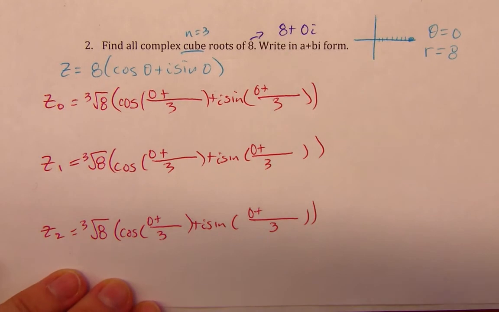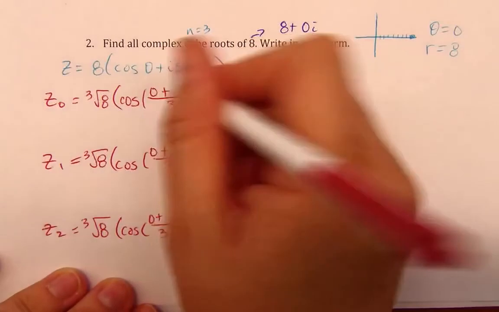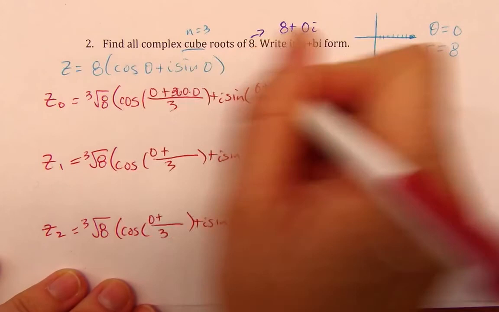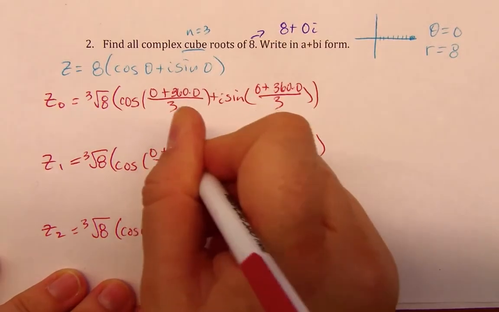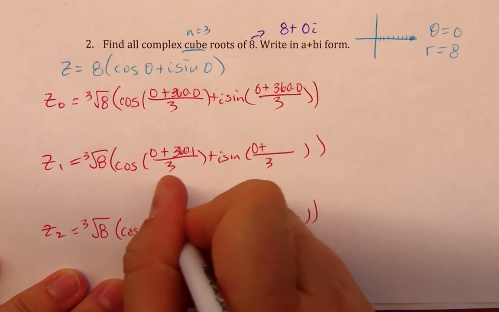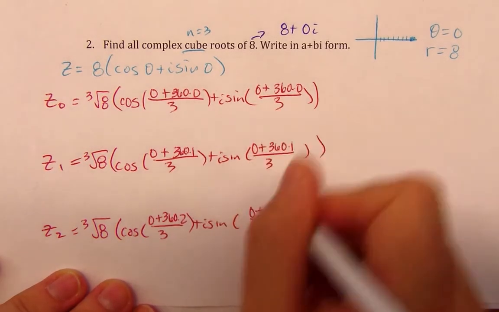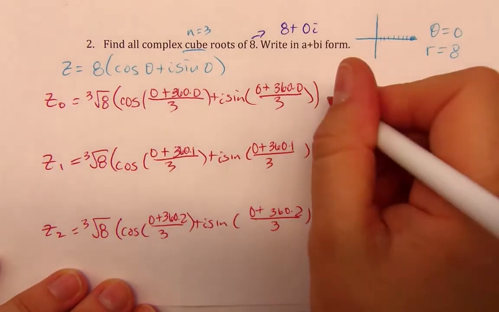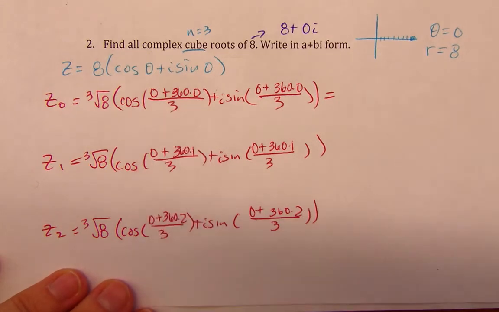And really you can work with radians or with degrees. It really doesn't matter. Since we did the last one in degrees, I'll stick with degrees. So plus 360 times 0, 360 times 1, 360 times 2. And now we can simplify those. 360 times 0 is 0 plus 0 is 0, divided by 3 is 0.